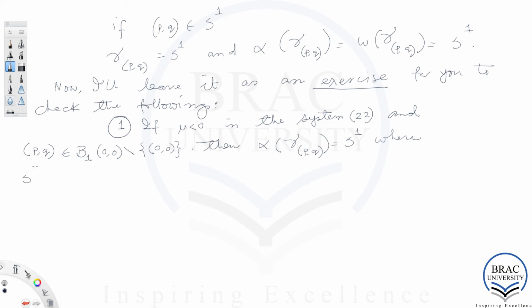We all know that this is the collection of all the points of R2 such that x squared plus y squared is equal to 1.